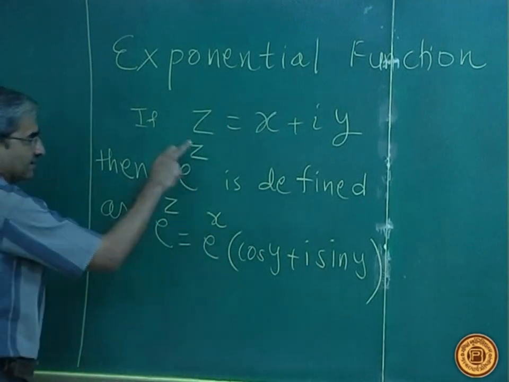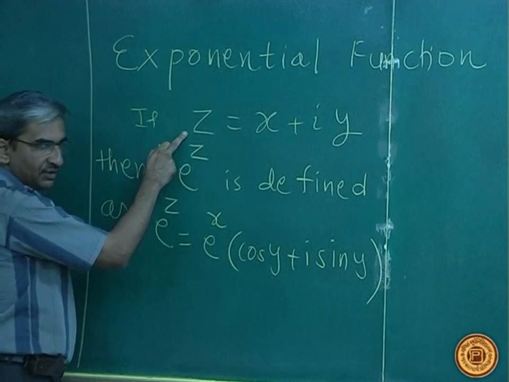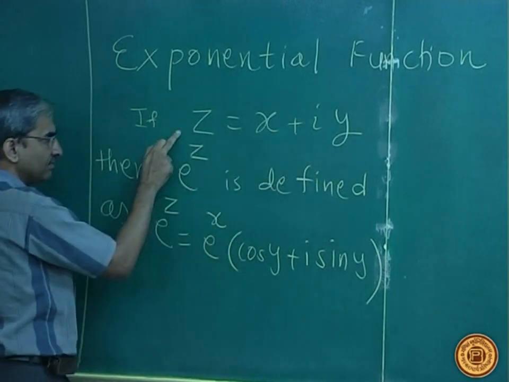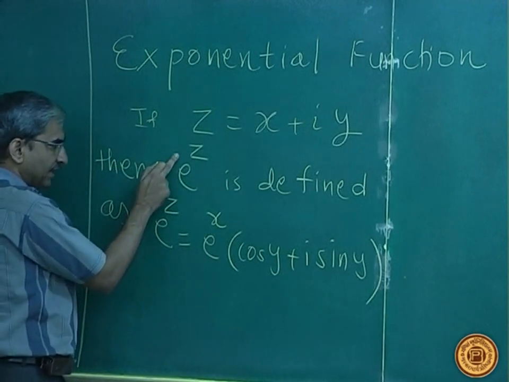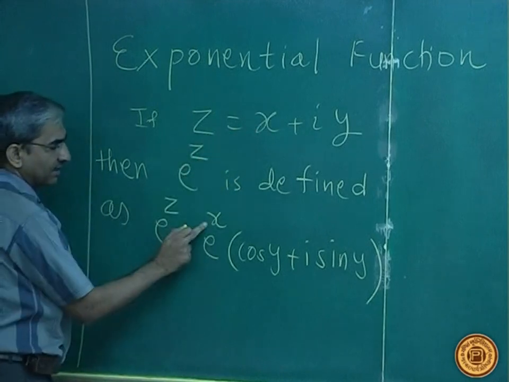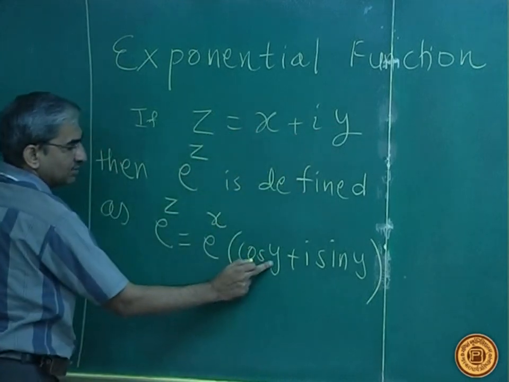Now see the dependence. This complex number is given to us, z is equal to x plus iy. What is its exponential? Its exponential e to the power z is defined like this. So this x is here and this y goes here.